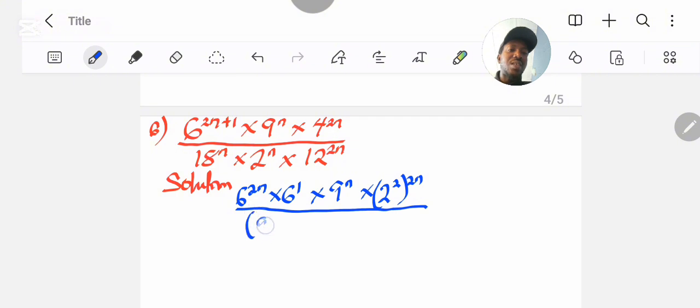You can change 18 to 9 times 2 raised to the power n times 2 raised to the power n, times, we can change 12 to 6 times 2 all raised to the power 2n.